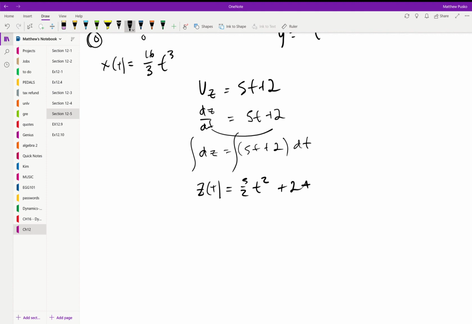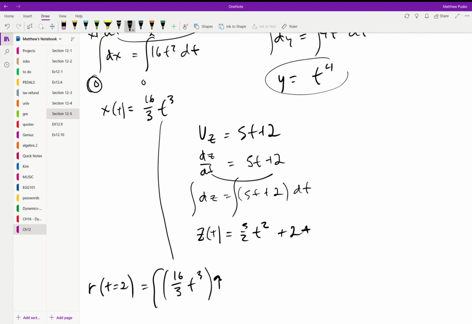Alright, now we got to reconstruct it. They want to know the position at t equal to 2 seconds. Well, we need to take this 16/3 t to the third, and that's in the i direction. We need to take this t to the fourth in the j direction.